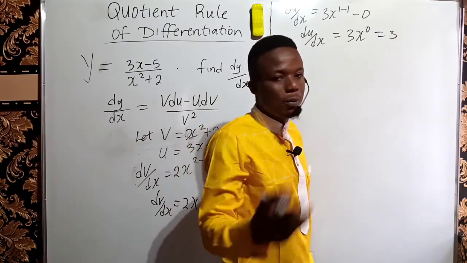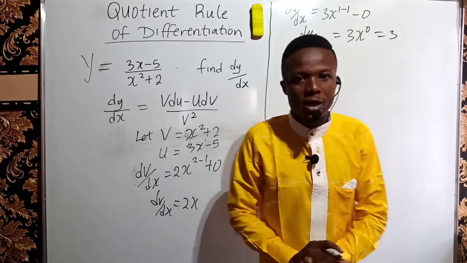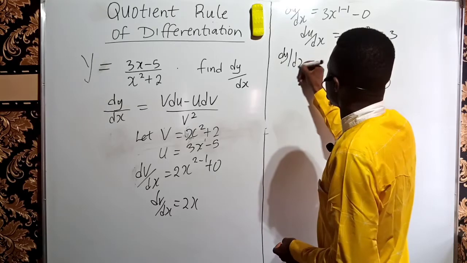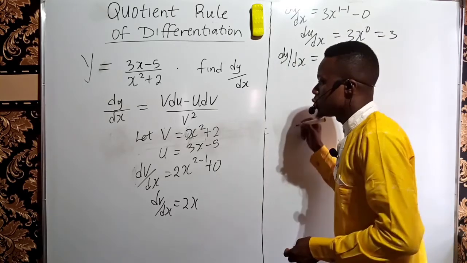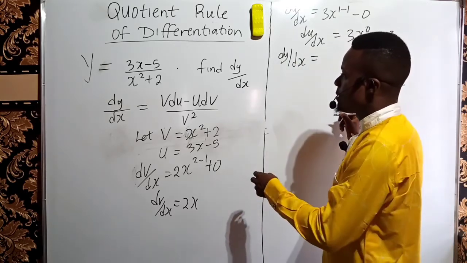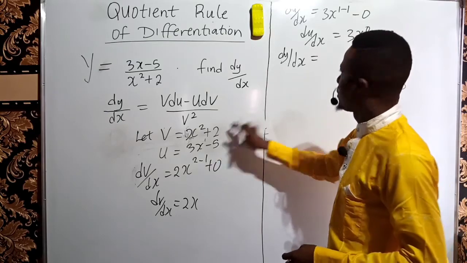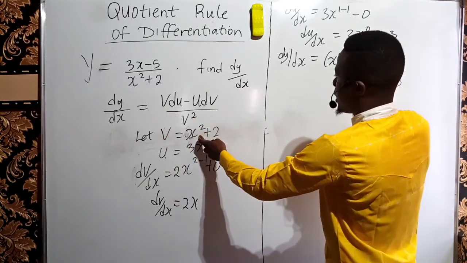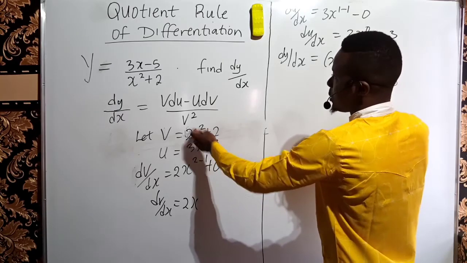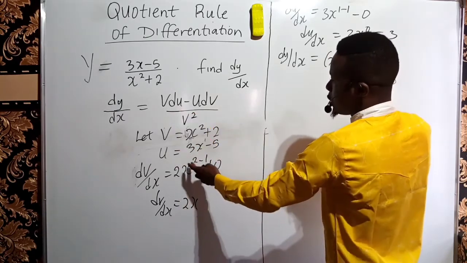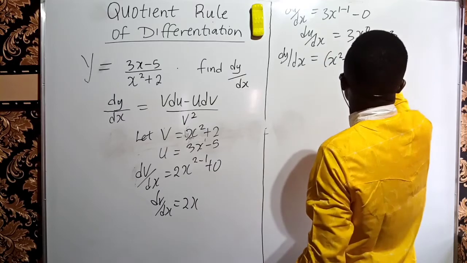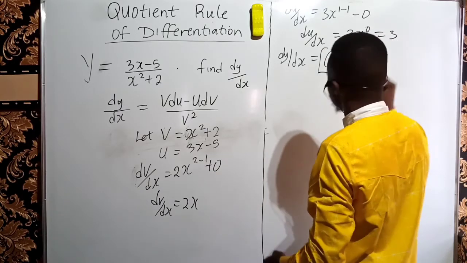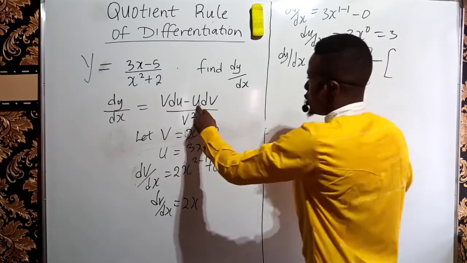Now you can apply the formula for the quotient rule and get your answer. dy/dx is equivalent to v du. My v is x squared plus 2, so under v you plug in x squared plus 2, multiplying du. My du is 3. You can enclose it in brackets, minus u.